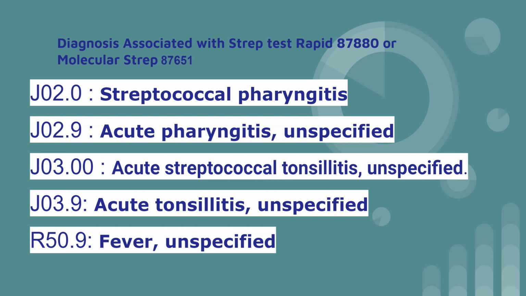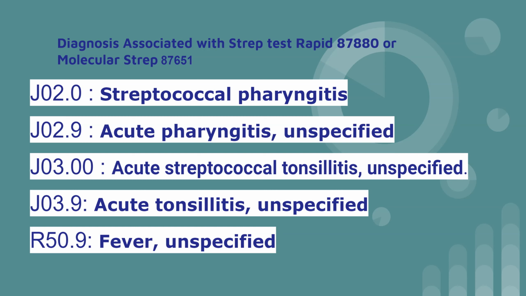The same thing with J03.00, a very specific diagnosis: acute streptococcal tonsillitis, because the strep test came back positive. And if the patient has tonsillitis and the strep test is negative, then we use the code acute tonsillitis, unspecified. So bottom line, anything that starts with J02 and J03 goes with the strep test.